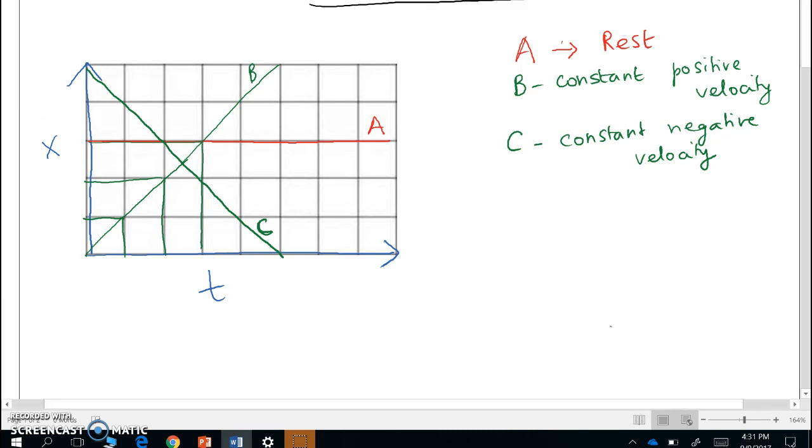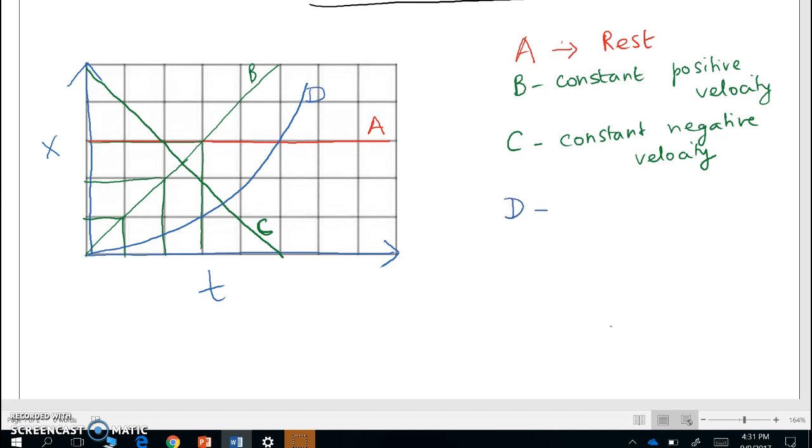So how would we represent an object which is speeding up or slowing down? For example, if this is how my graph looks, what does this curve represent? Let's label it as D. D represents an object which, let us say during the first second, covers this much distance.